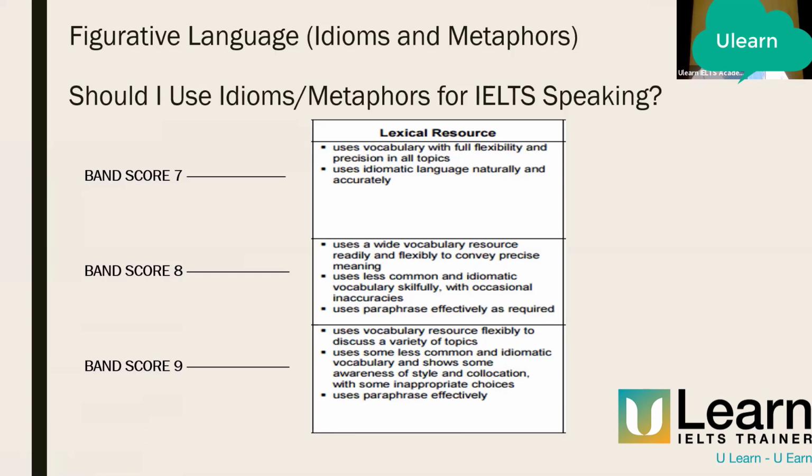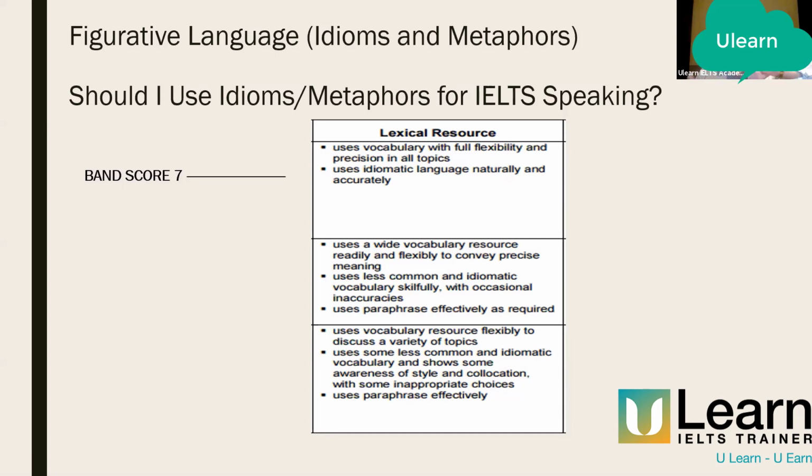Now, let's see where idioms fit in. First of all, this is your lexical resource, your LR score. This is 25% of your overall band score. What they're looking for in your lexical resource for a band score 7 would be vocabulary with full flexibility and precision in all topics.